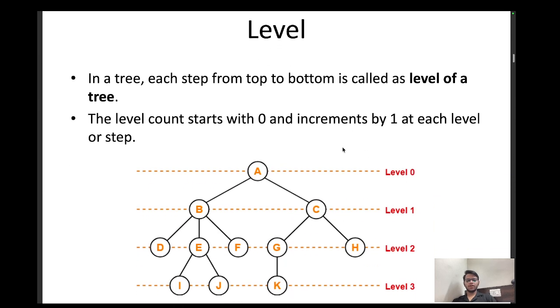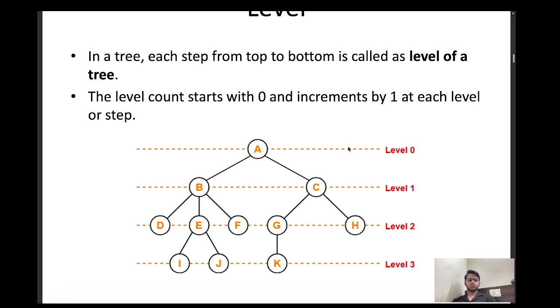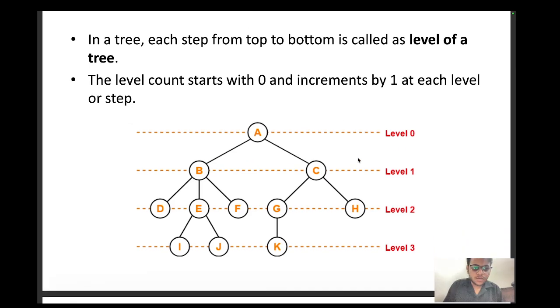Now let us see the level. In the same diagram, we see that A is at level 0, B and C are at level 1, and then level 2 and level 3. Why is the uppermost layer counted as level 0?